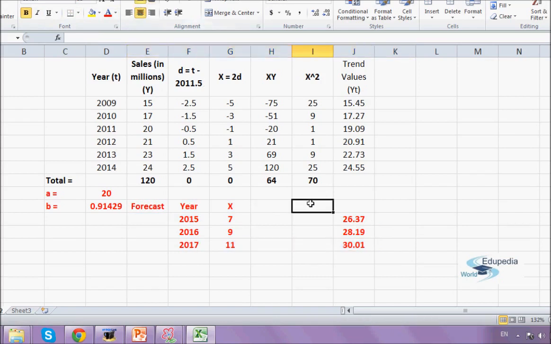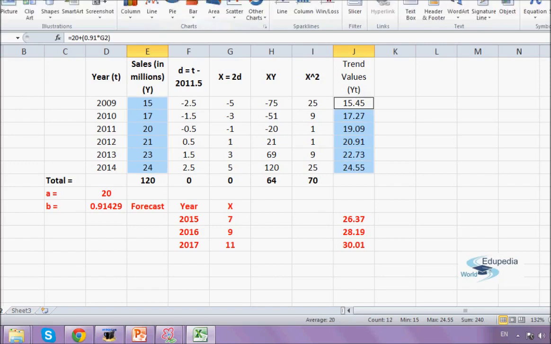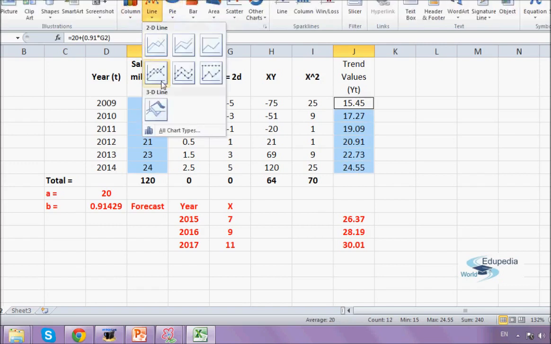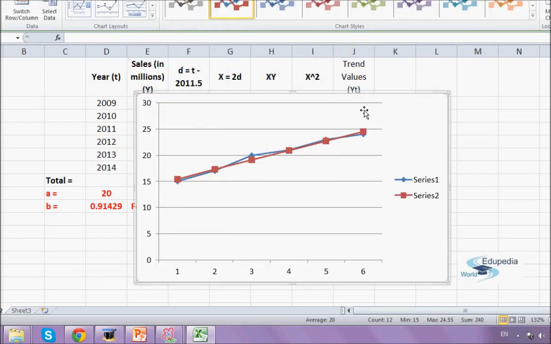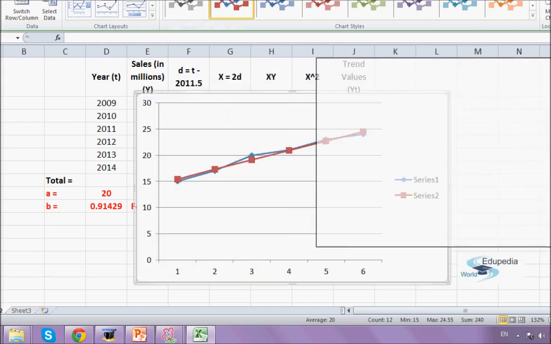The same way we can find for other years also. And finally, if you want to get the graph, let's have a look at the graph and see how the graph of this particular set of data is. So we can insert the graph from here. This is the graph. We see that they're very close to each other, the original and the trend values.